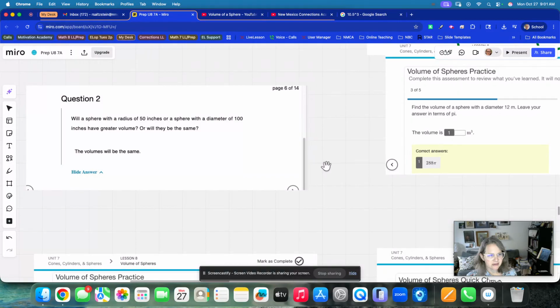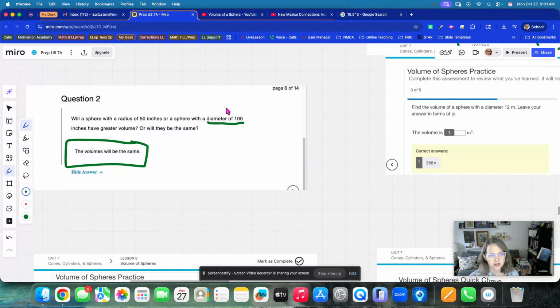All right, question 2. Will a sphere with a radius 50 inches or a sphere with diameter 100 inches have a greater volume, or will they be the same? So this one's a quick one. The volumes will be the same. The reason is that if the diameter is 100, the radius is 50.